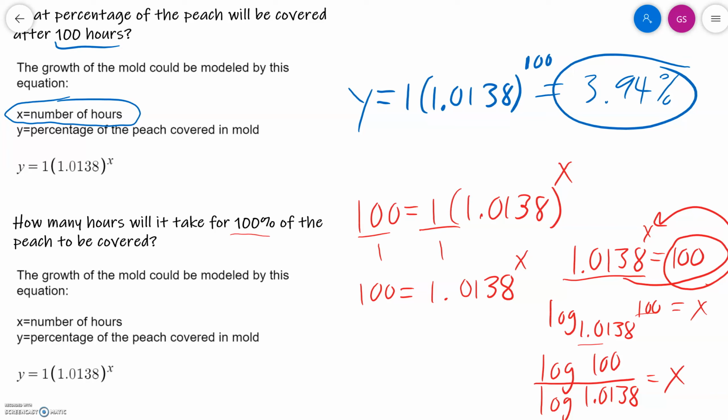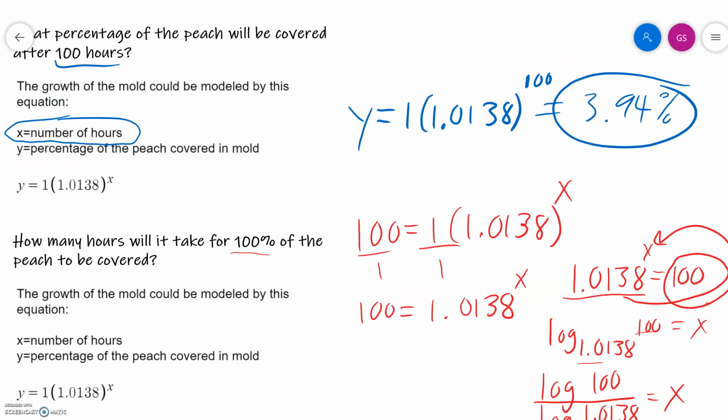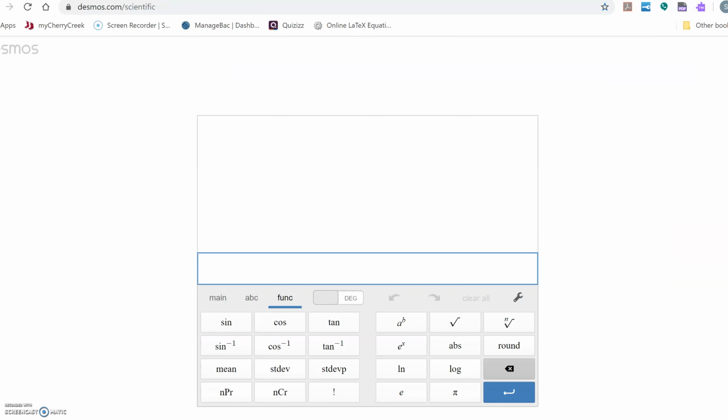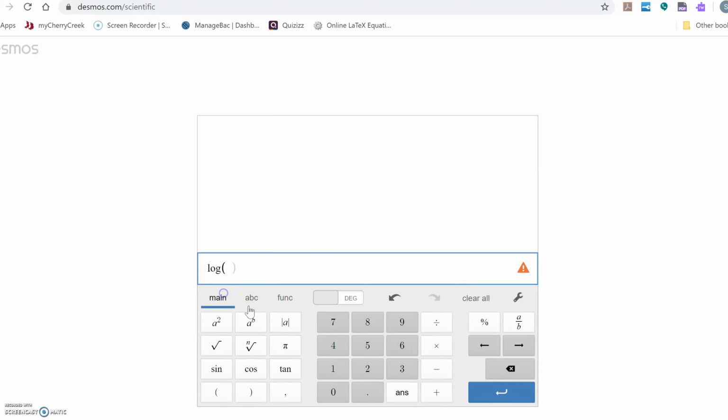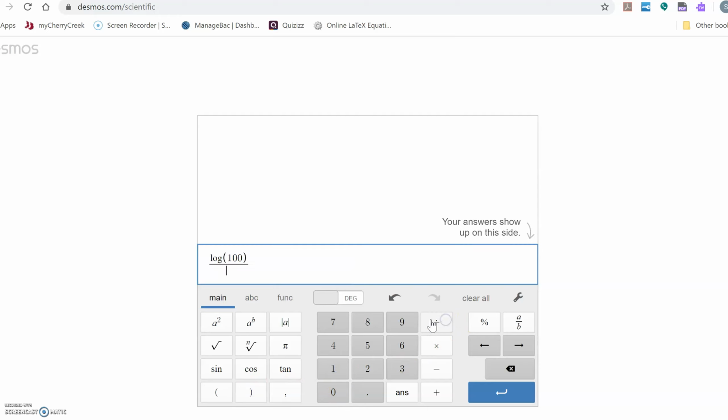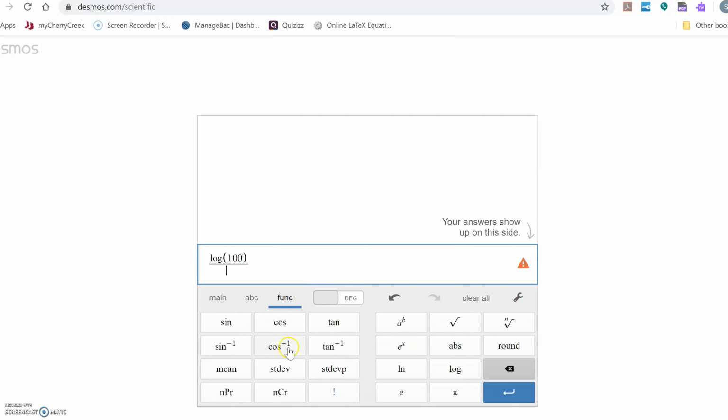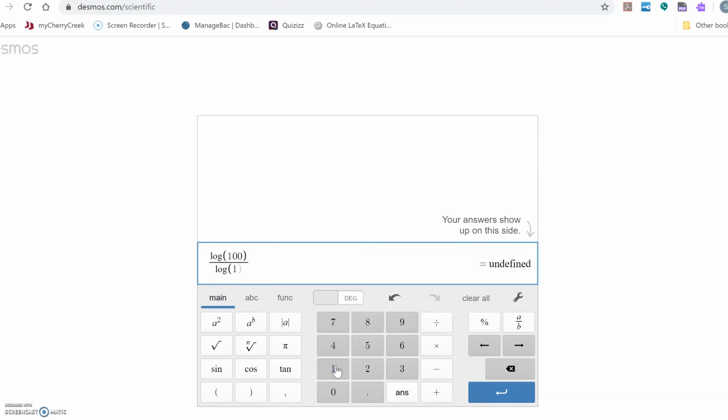So let me go ahead and go to the Desmos calculator and just type that in. All right, so here we go. So it's a little weird to type it in here. So it'll be log 100, close parentheses, divided by log, there it is, 1.0138, and then close that parentheses and just hit enter.